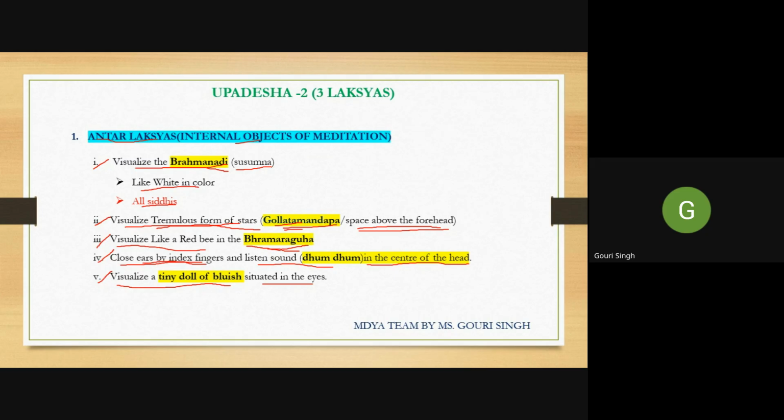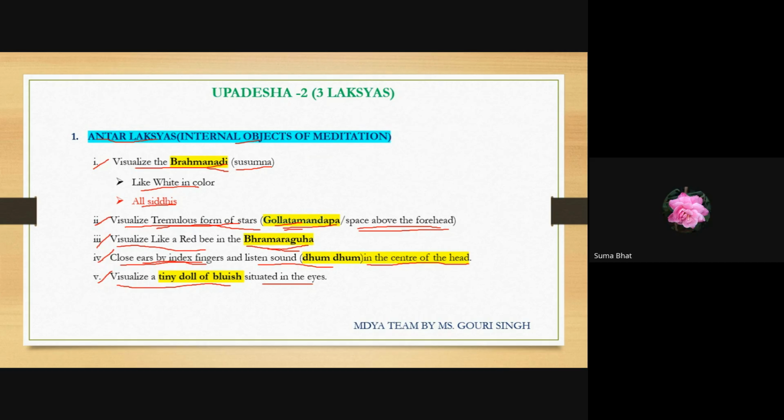Brahma Nadi is associated with the Susumna Nadi, which is present in between the Ida and Pingala. And Brahma Granthi is present in the Agnya Chakra. But how can we visualize it, ma'am? How do you imagine the Ida and Pingala?